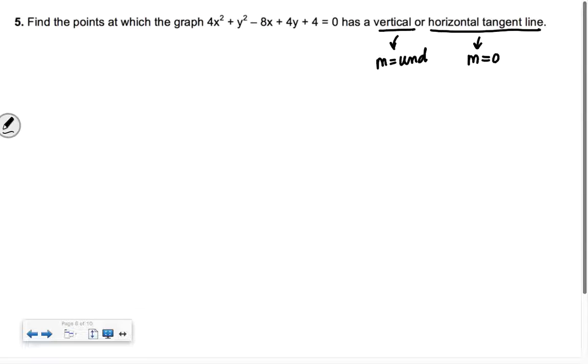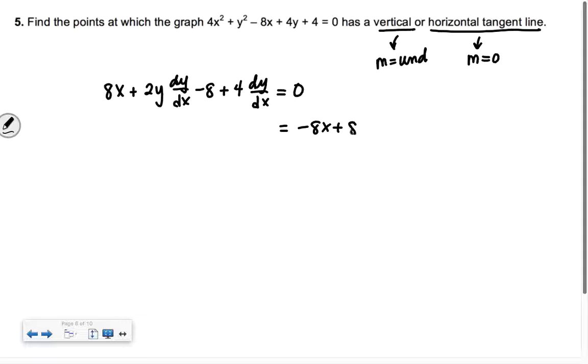So we're going to take the derivative. I'm going to have 8x plus 2y dy over dx minus 8 plus 4 dy over dx equals 0, because the derivative of 4 goes away. I get anything that doesn't have a dy over dx over to the other side. So I'm going to subtract my 8x, and I'm going to add my 8 over. When I do that, I'm going to have 2y dy over dx plus 4 dy over dx.